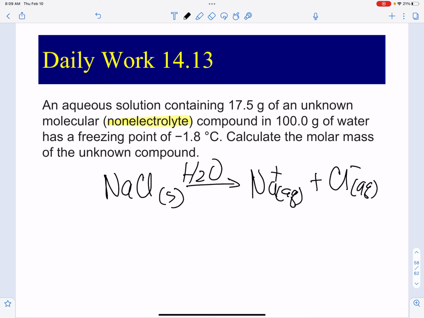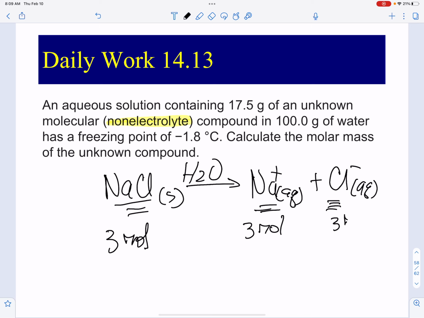The formulas for boiling point elevation and freezing point depression deal with the molality of the solution, which depends on the amount of solute, right? So if you have an electrolyte, something that can break apart, you gotta be careful, because if I have 3 moles of this, now I'm gonna have 3 moles of this and 3 moles of that.